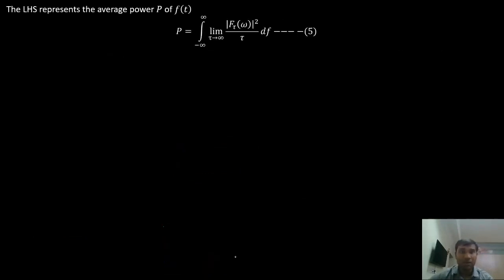That is nothing but my power; we call it the average power. And on the right hand side I have the integral from minus infinity to infinity, limit tau tends to infinity, of mod f tau of omega whole square by tau df.